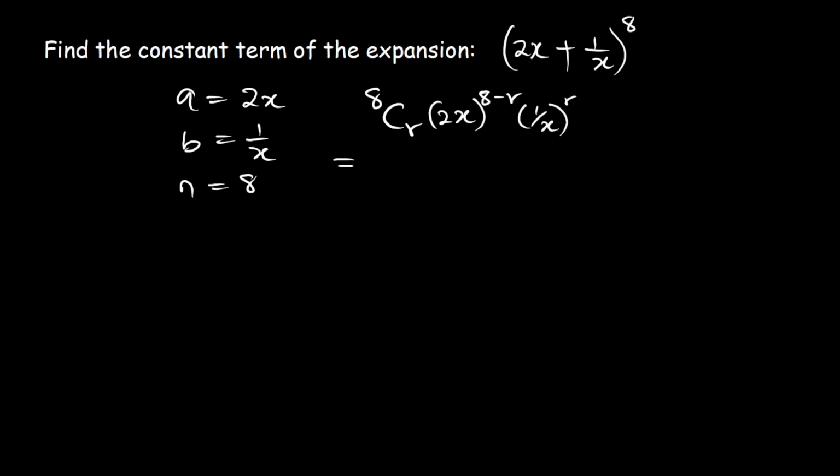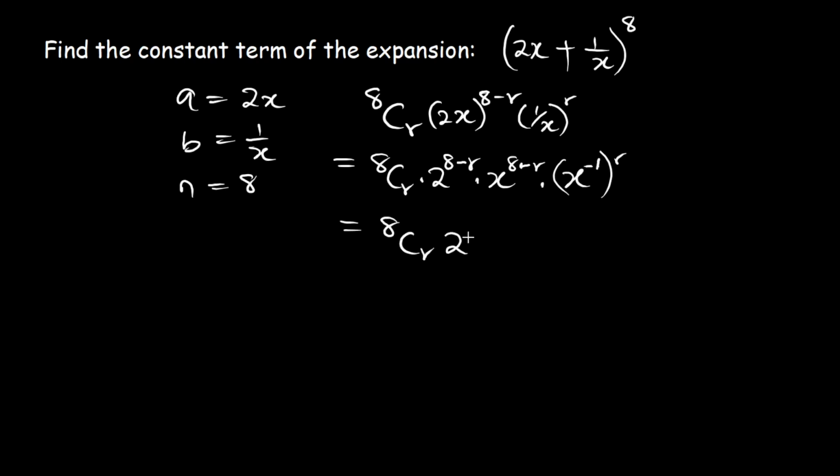So we simplify this to have 8 combination r times 2, using laws of indices, raised to the power of 8 minus r times x raised to the power of 8 minus r. 1 over x is the same thing as x raised to the power of minus 1, now times r. So this will give us 8 combination r, 2 raised to the power of 8 minus r times x raised to the power of 8 minus r times x raised to the power of minus r.